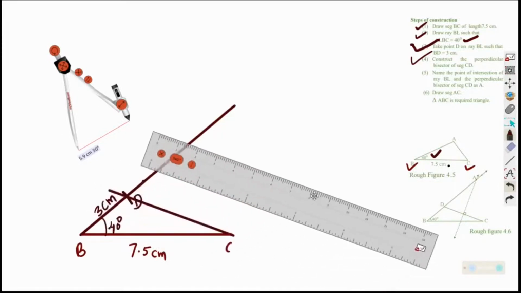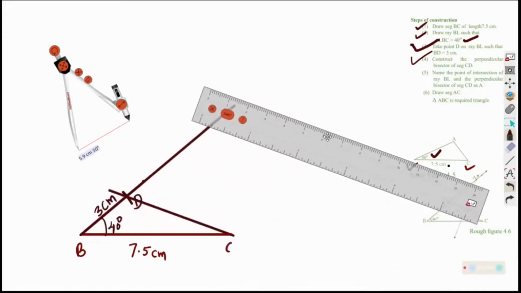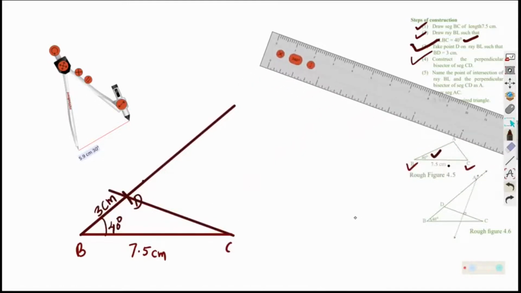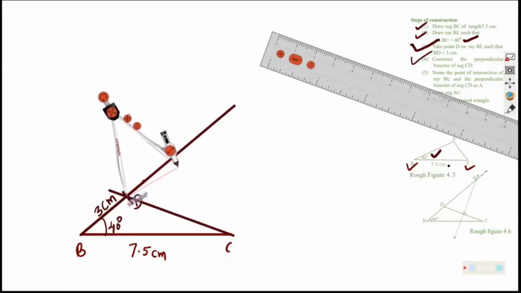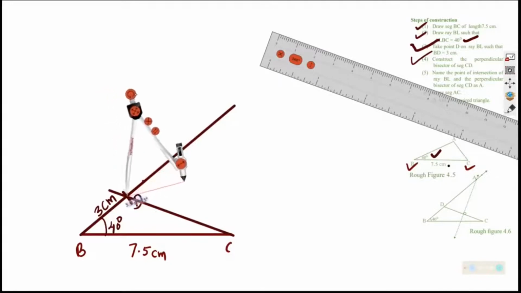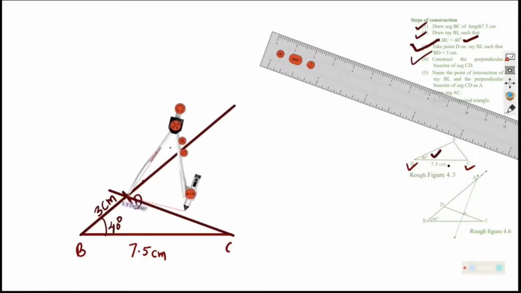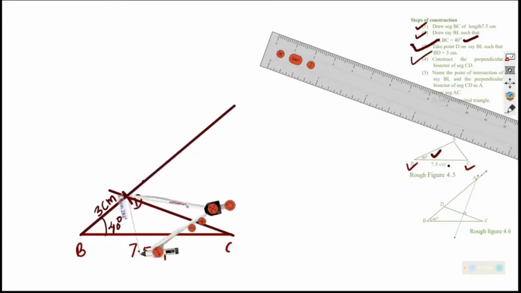Then we'll connect D with C. Now we will be drawing a perpendicular bisector for CD the way we did in the other case. Again we need the compass for that purpose, and we'll draw the perpendicular bisector to CD with more than half.